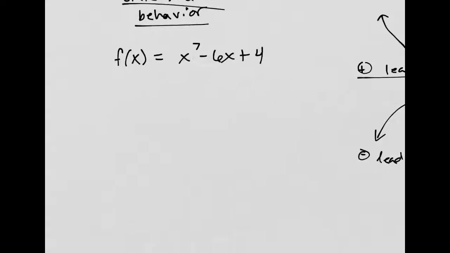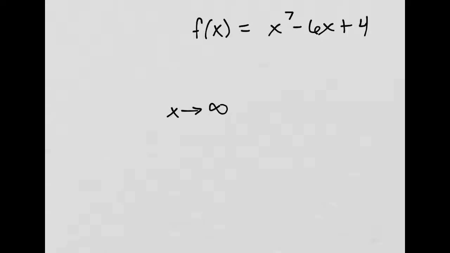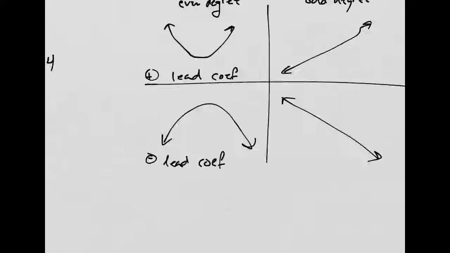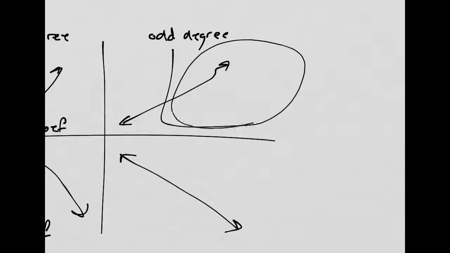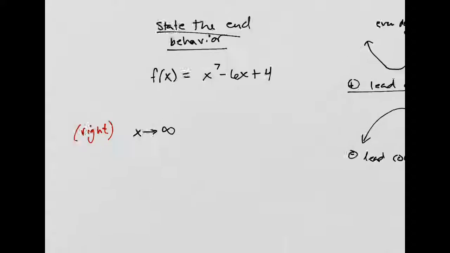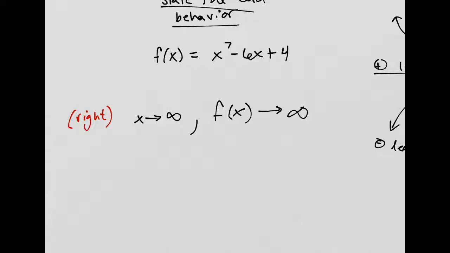So here's what we do. We say as x approaches infinity, it's like a big number and it's positive. This means to the right, so I'll write that. So as x approaches infinity, which means the right side, and I'm looking at the right portion of my graph, well, it's going upwards. So I say f of x, which is my function, approaches infinity, meaning up.